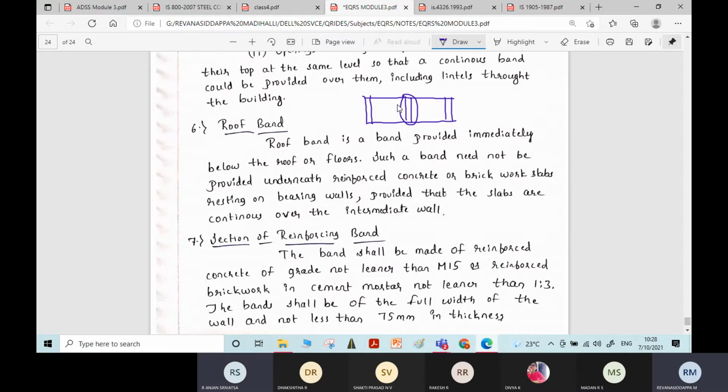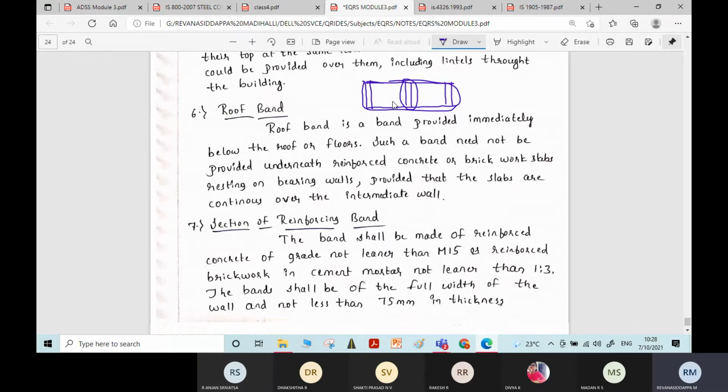The roof band will be provided only at the periphery of the building. Roof band means it is a small reinforced concrete beam, placed at the top of the wall, just below the slab.